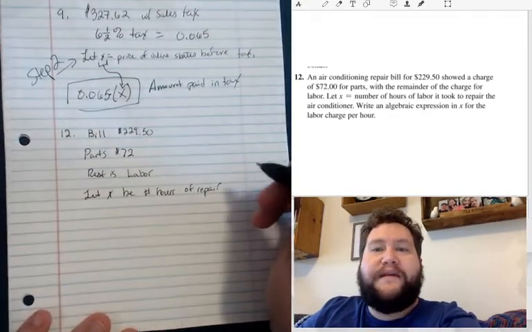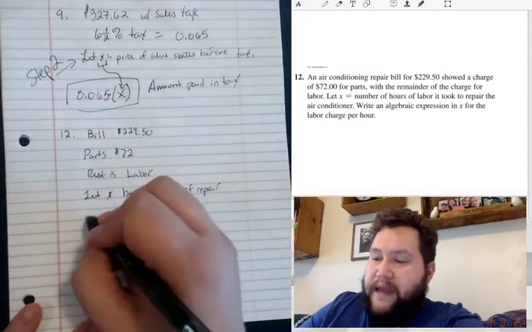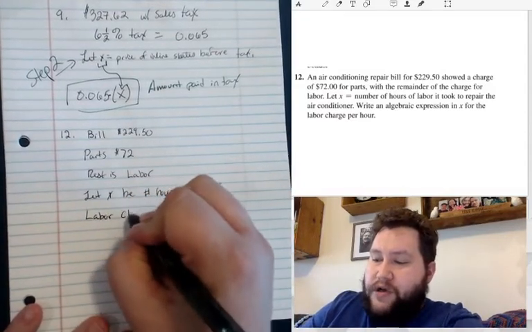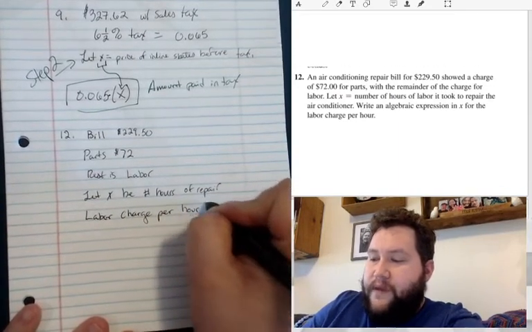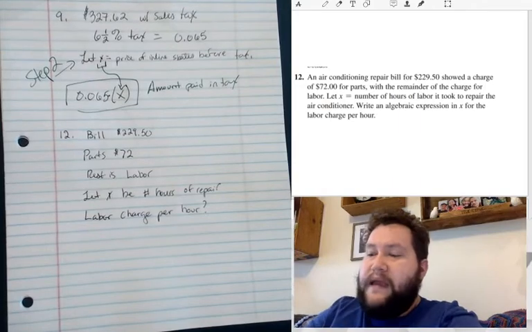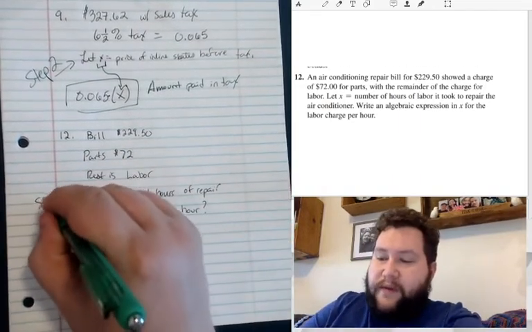Write an algebraic expression in X for the labor charge per hour. Labor charge per hour. We don't know. And so again, it did the step of declaring our variable. So we're in step 2 already.